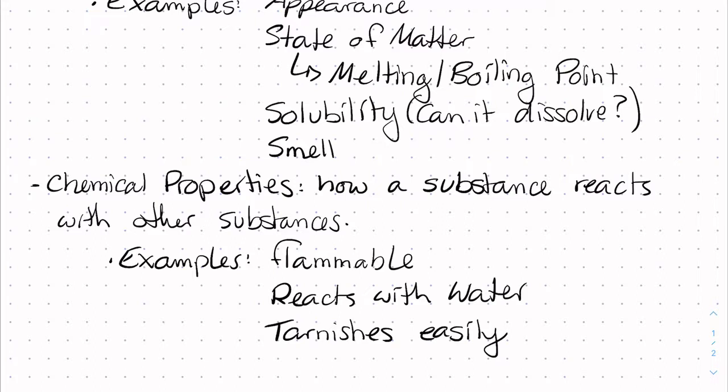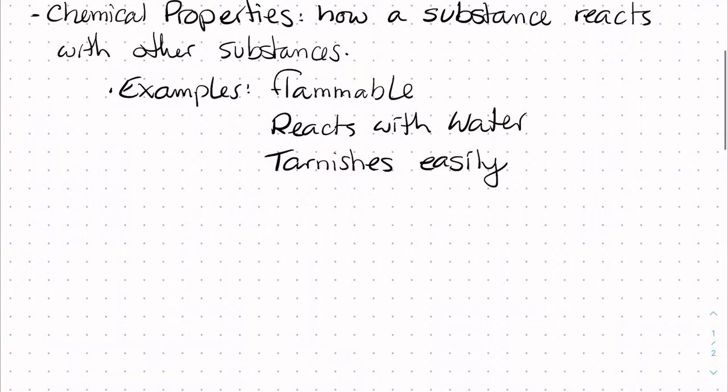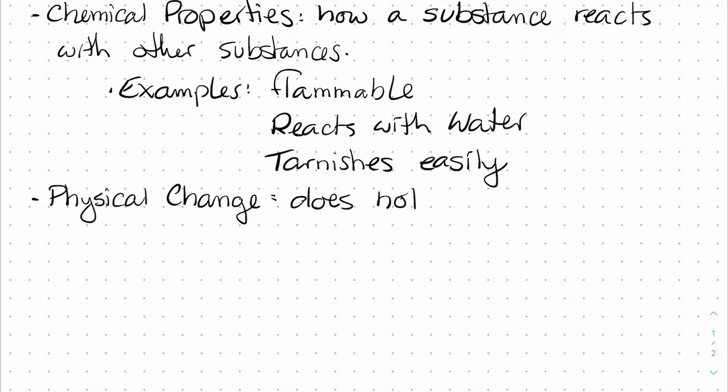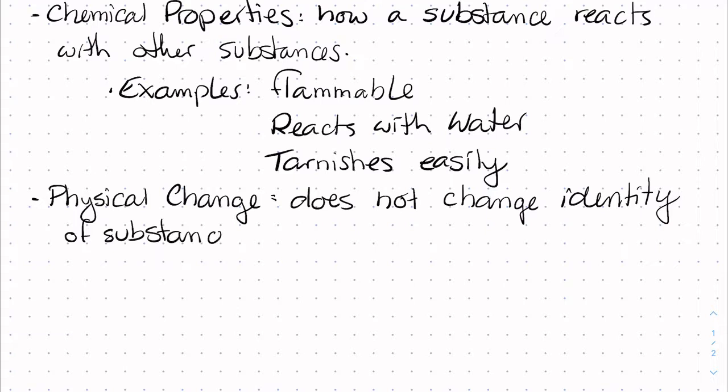Physical and chemical changes kind of go hand in hand with the physical and chemical properties. So a physical change is something that does not change the identity of the substance. So these are typically changes in things like size, shape, or state of matter.